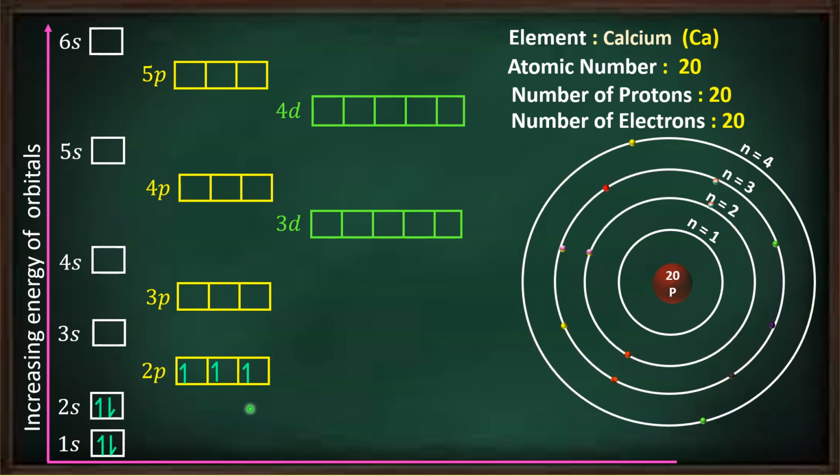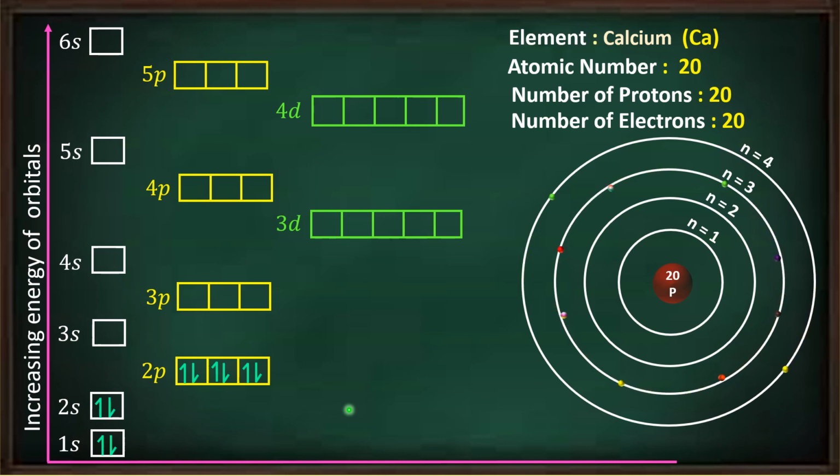So 8th electron pairs up with this electron. Next, 9th electron will pair up with this electron in 2p, and 10th electron will pair up with this electron in 2p. So totally 10 electrons have been filled, isn't it?